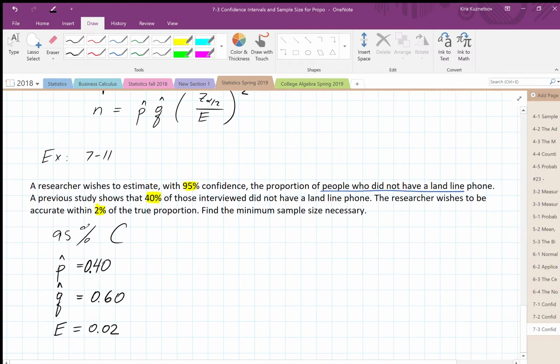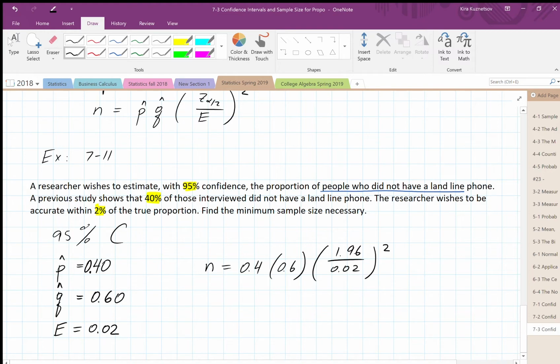So let's start putting this formula together. n is equal to p hat, which is 0.4, times q hat, which is 0.6, times the z alpha over 2 that corresponds to the 95% confidence interval, which is 1.96, and those will also be all given to you. e is 0.02, squared.